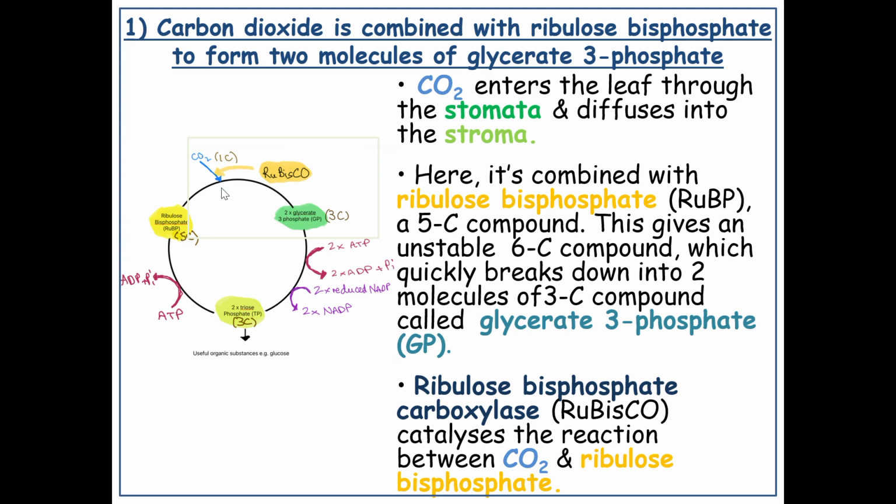That carbon dioxide, which is 1 carbon, will be combined with 5-carbon ribulose biphosphate. It forms an unstable 6-carbon compound, which then rapidly breaks down into 2 molecules of a 3-carbon compound called glycerate 3 phosphate.